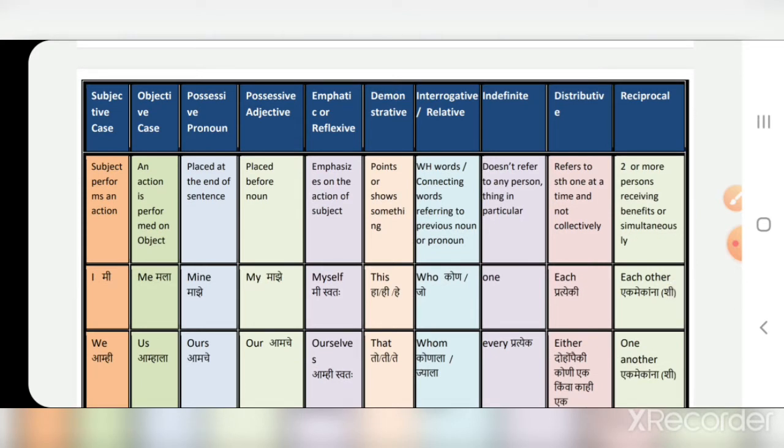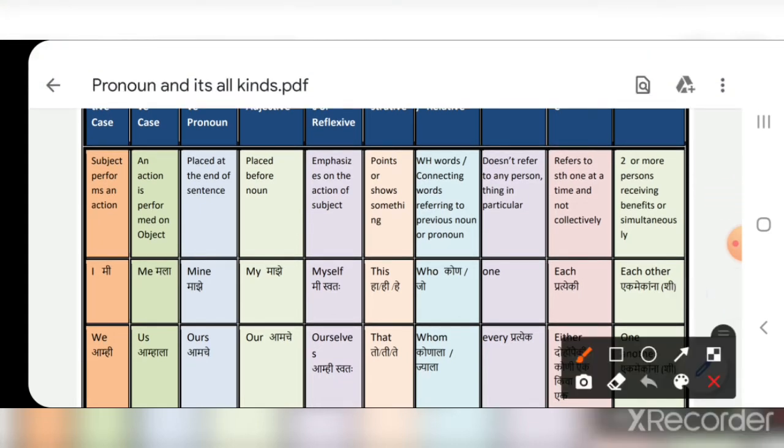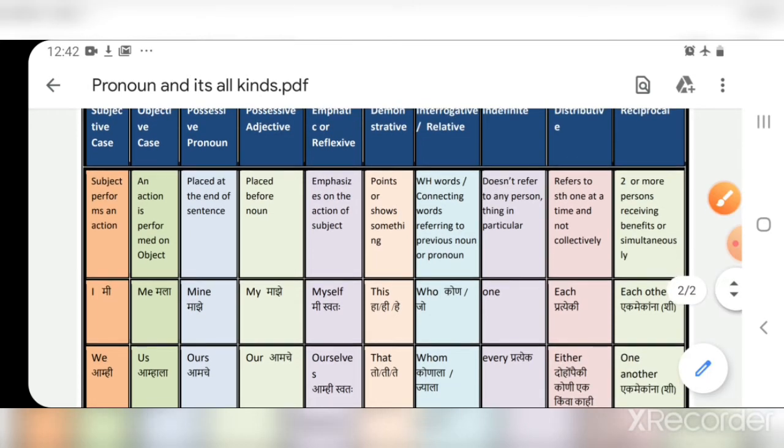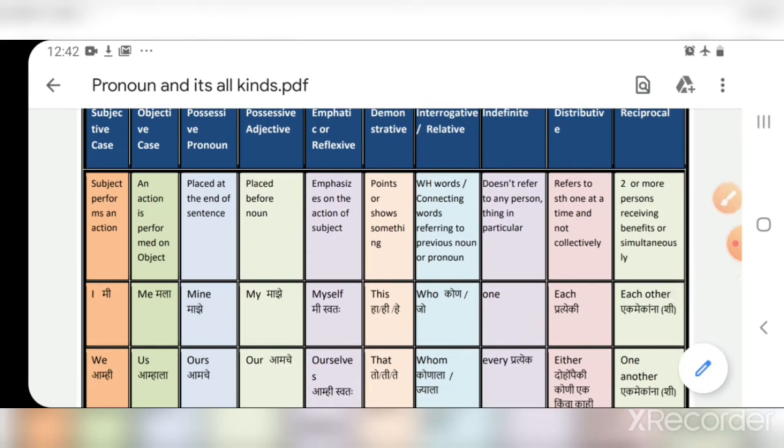Now the next one is emphatic or reflexive pronoun. Emphatic, what does it indicate? That means it emphasizes the action. For example, if I use myself immediately after a subjective case or nominative pronoun in a sentence, I myself did this, completed this project.